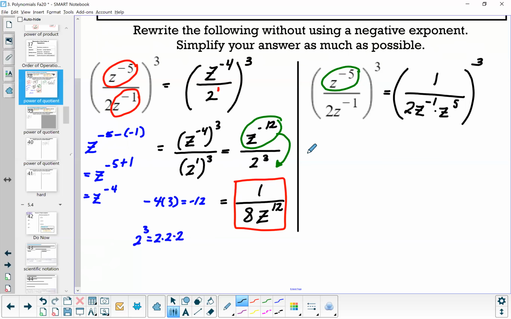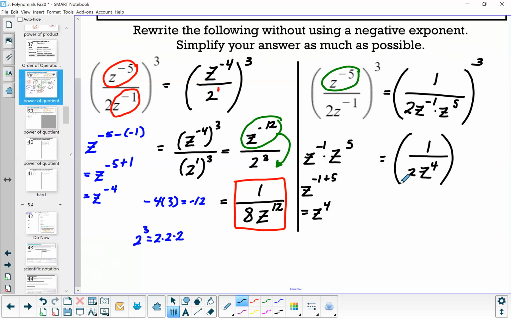Now, z to the negative 1 times z to the 5th, remember you add the exponents, so that would be z to the negative 1 plus 5, and that equals z to the 4th power. So essentially, I'm left with 1 over 2z to the 4th, and then that's in parentheses.